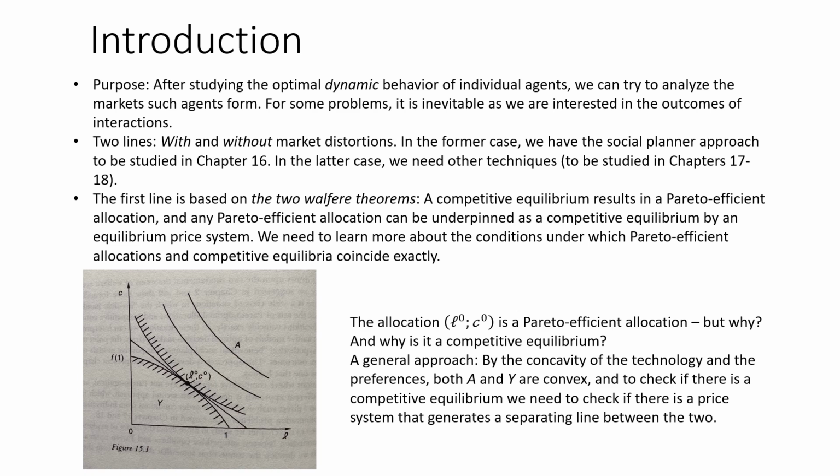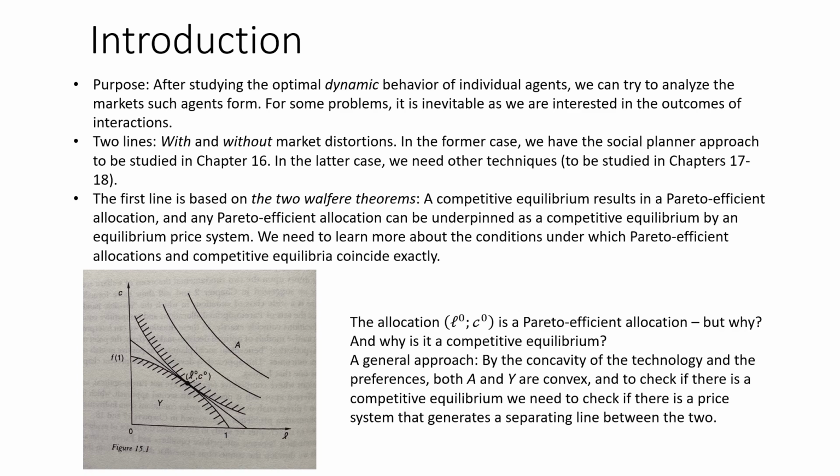If we have a Pareto-efficient allocation, it can be a competitive equilibrium, supposing there is a price system which can be regarded as an equilibrium price system. And we need the details. We need to know the conditions under which we can have such a price system. And this is the task for today's lecture.